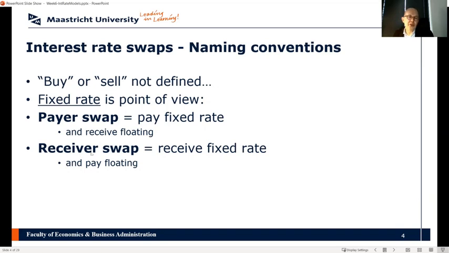And with a receiver swap, from my perspective, I am receiving the fixed rate and paying the floating. What is a payer swap from my perspective will automatically be a receiver swap from the counterparty's perspective. So the party paying or receiving the fixed rate is the basis for the naming convention.